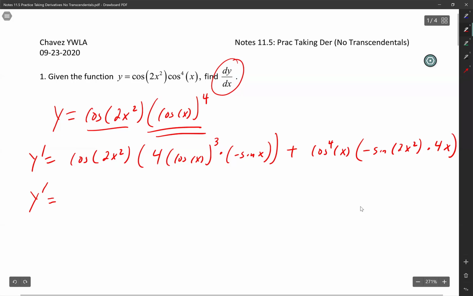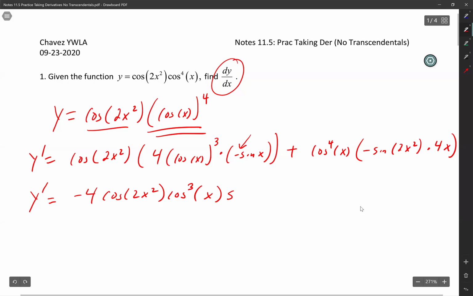So I think on Delta Math, you don't have to simplify. You could just type it in like this with your parentheses. But here's how I would leave it. So I would go negative 4, because there's a negative right here, right? And then there's a 4 there. Negative 4 cosine 2x squared cosine cubed of x.